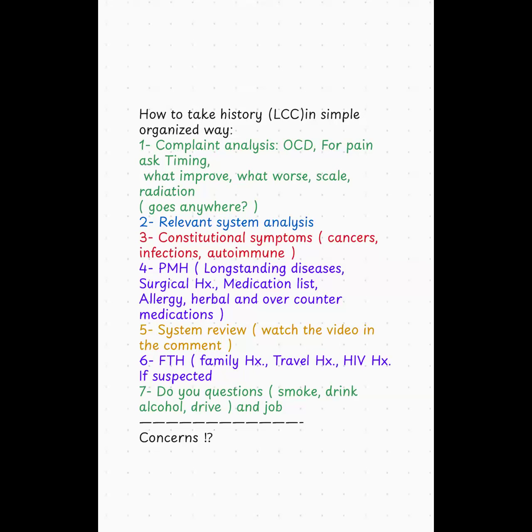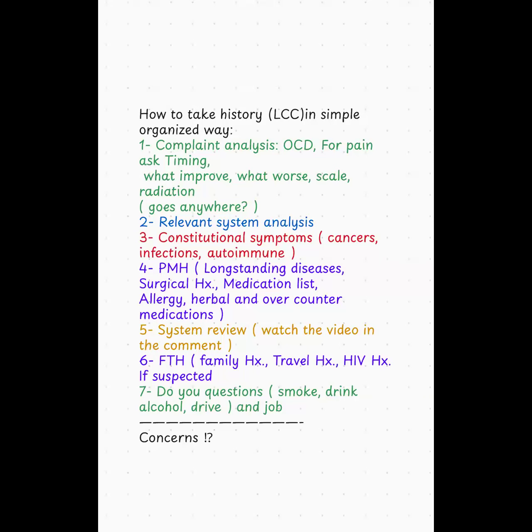Next, 6 points, FTH. FTH contains family history of the same condition, family history of cancer, family history of heart attack, according to your scenario.